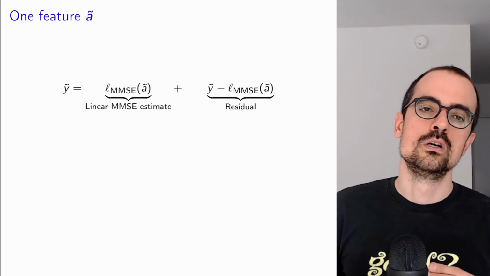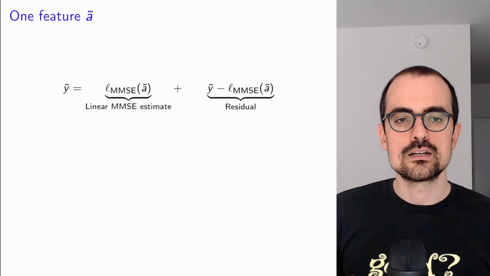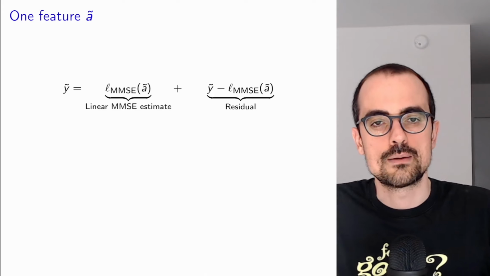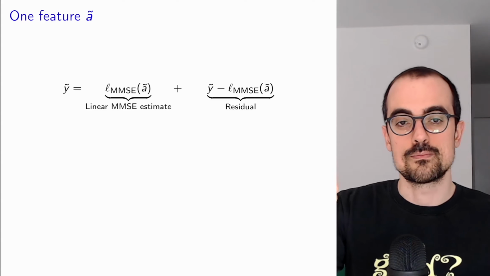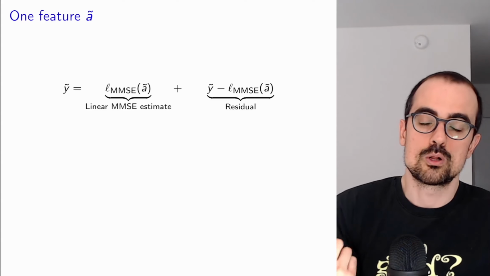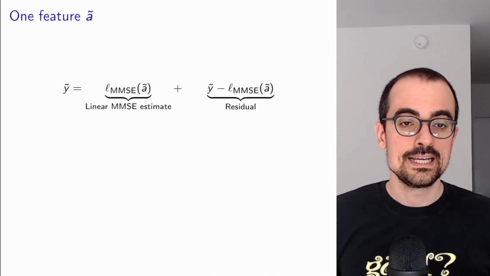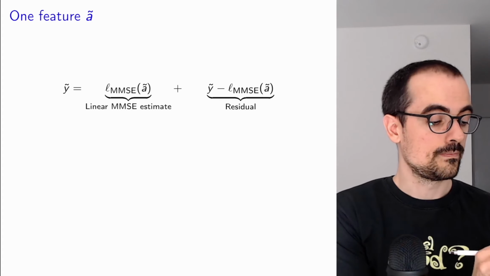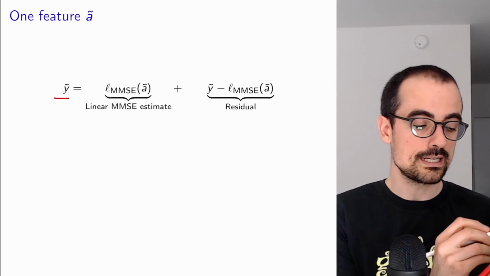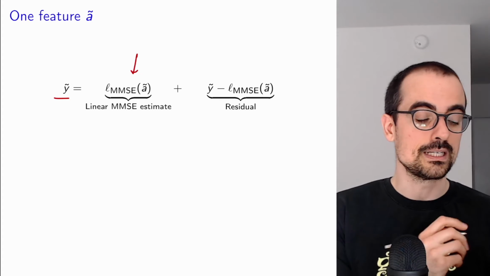In order to tackle that goal, let's remind ourselves that we already talked about this in the case where we had a linear estimator just from a single feature. That problem is called simple linear regression. In simple linear regression, we showed that we can decompose the response of interest into the linear estimator given the feature.